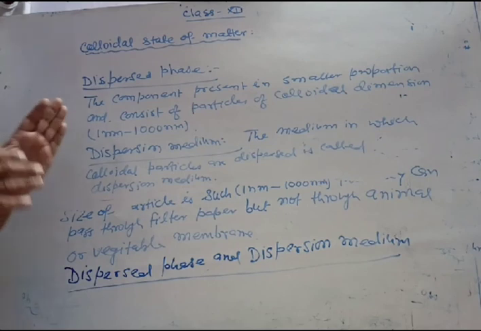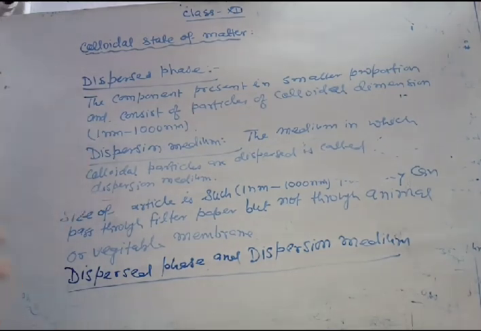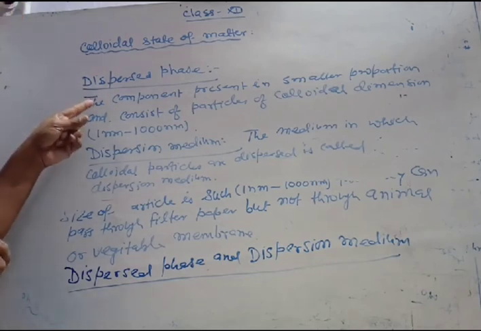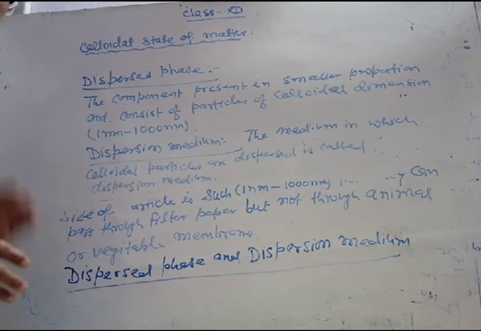So one component is the dispersed phase and the other is the dispersion medium, like in a binary solution, one is solute and another is solvent.